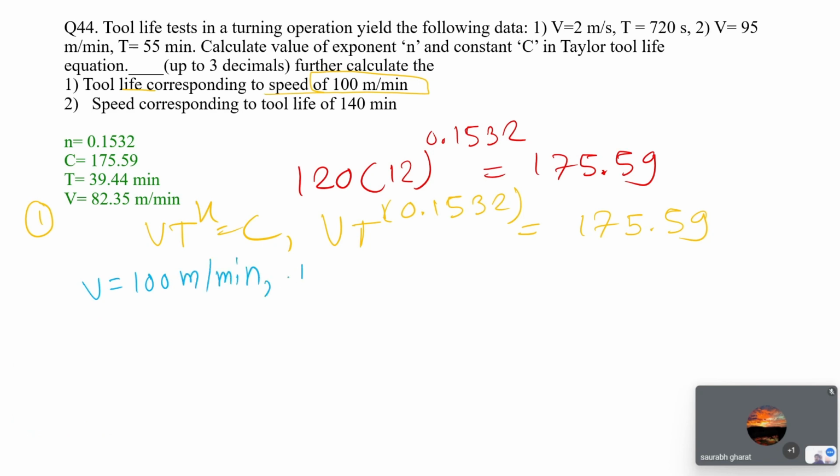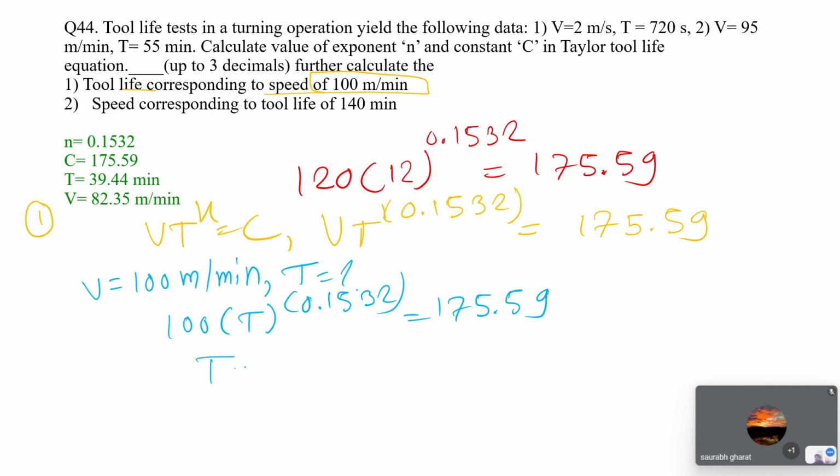What you have to calculate? T. Okay, so what we will calculate, T? It will be 100 into T raised to 0.1532, which is equal to 175.59. So from this, what we can calculate?